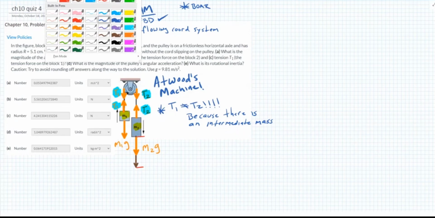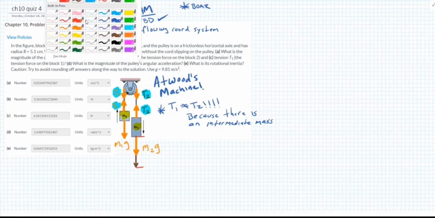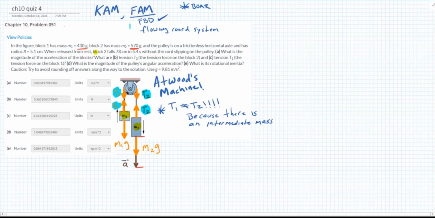That's the litmus test. Yes, I do. M2 is greater than M1, so I do know the direction of the acceleration. The direction of the acceleration is in this direction. This is the acceleration of M2. I do know that's the direction. So I'm going to flow with it.